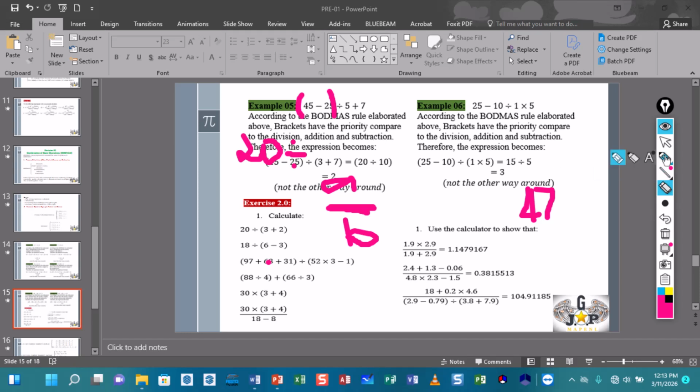That was a slip for me, a little jump there. It's 3 plus 7. So 3 plus 7 gives us 10. Right? 3 plus 7 gives us 10.